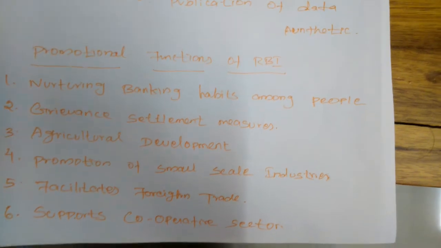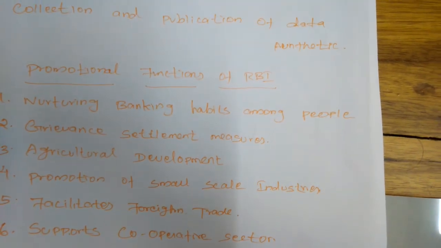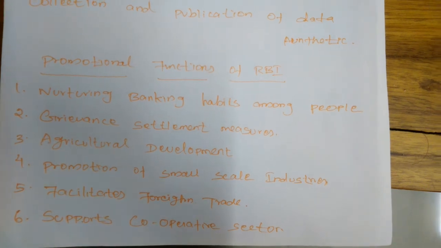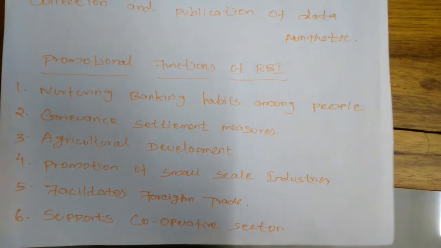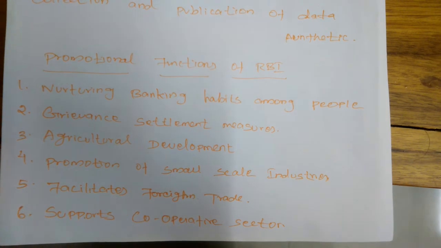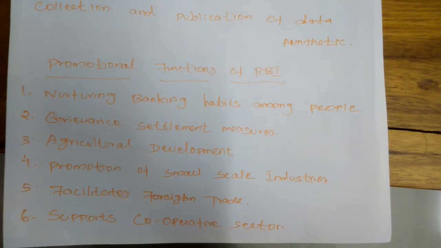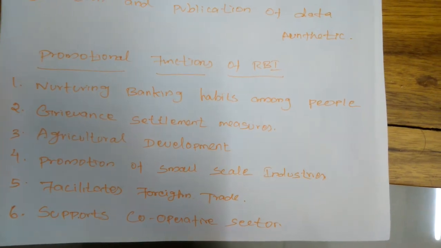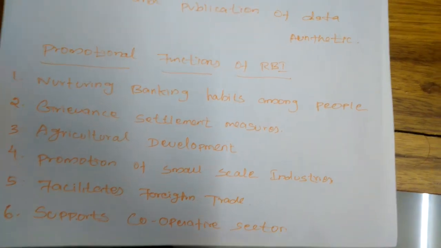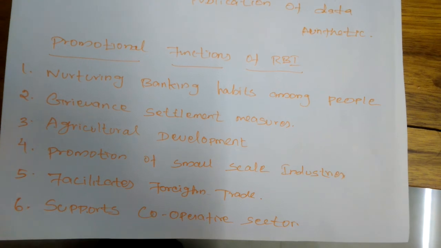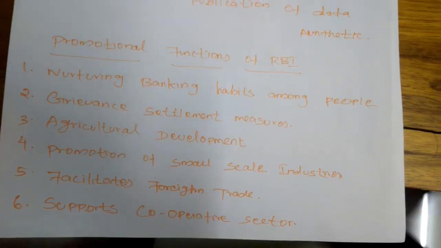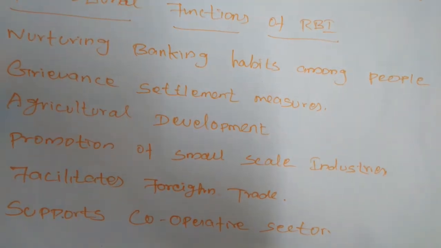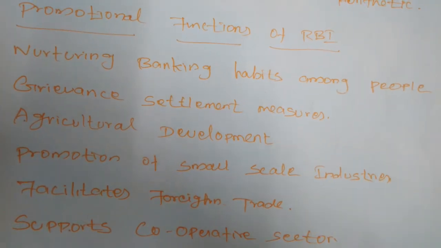Even small or poor entrepreneurs have the power to borrow money. Since the rules for credit to exporters are simplified, even poor entrepreneurs can become exporters.